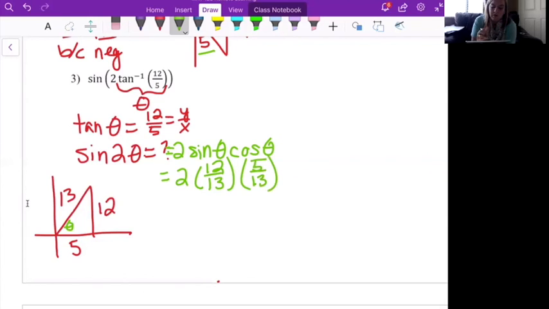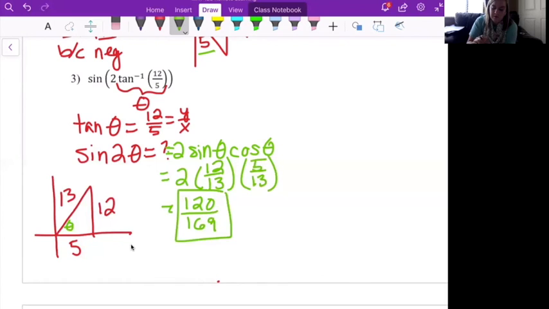And so then we simplify this. 2 times 12 times 5 would give me 120, and 13 times 13 is 169. So this is our answer.